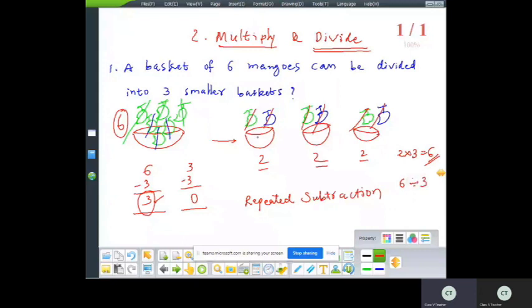Basket 1, basket 2, basket 3. 3 twos are 6. 6 minus 6, 0. In every basket, 2 mangoes are there. This is the meaning of division. Division means repeated subtraction. Now I will explain one more example.